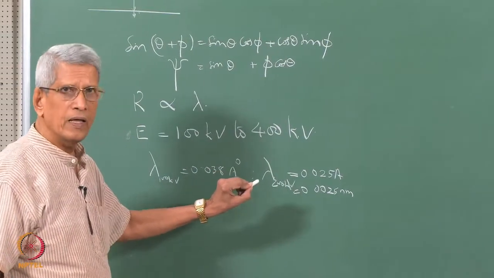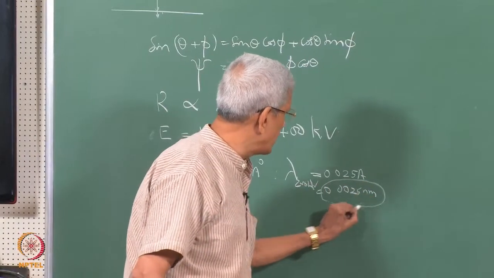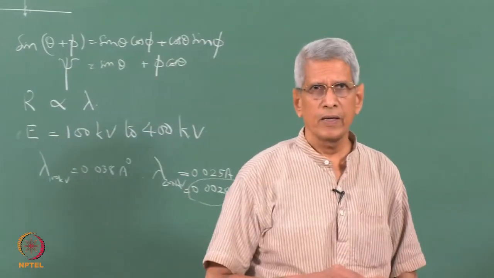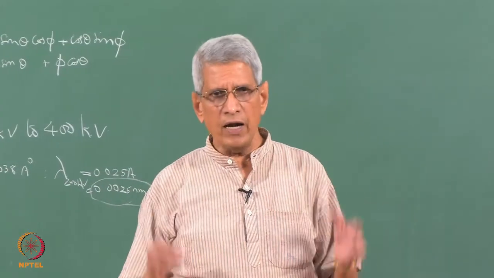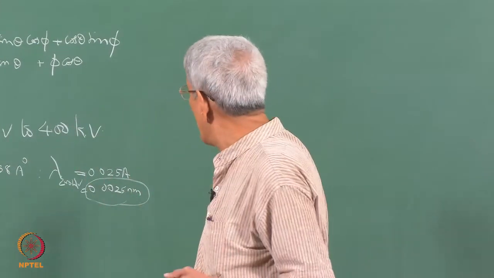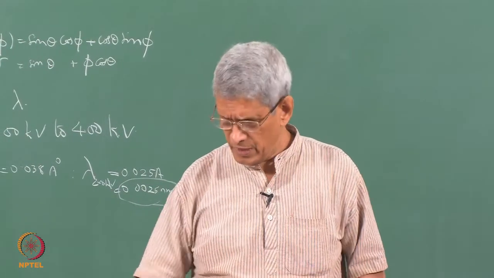So that means that in principle the limit of resolution corresponds to the wavelength of the radiation. The separation between atoms in all real samples is much larger than this value, correct?